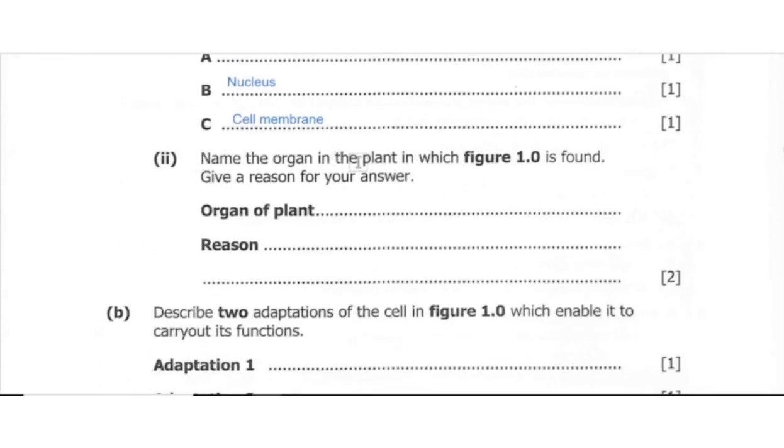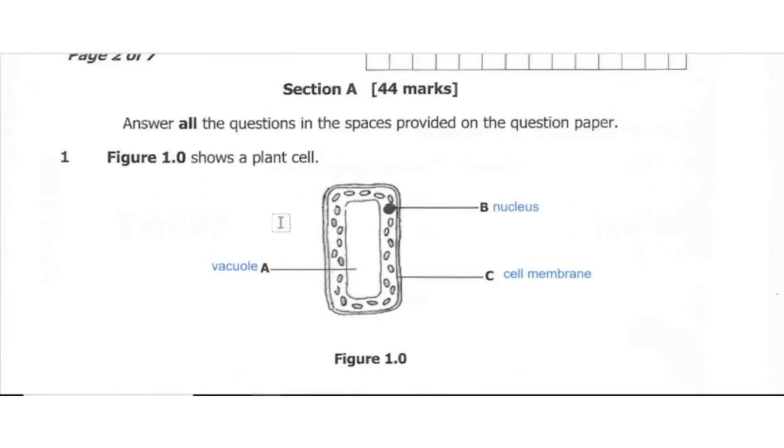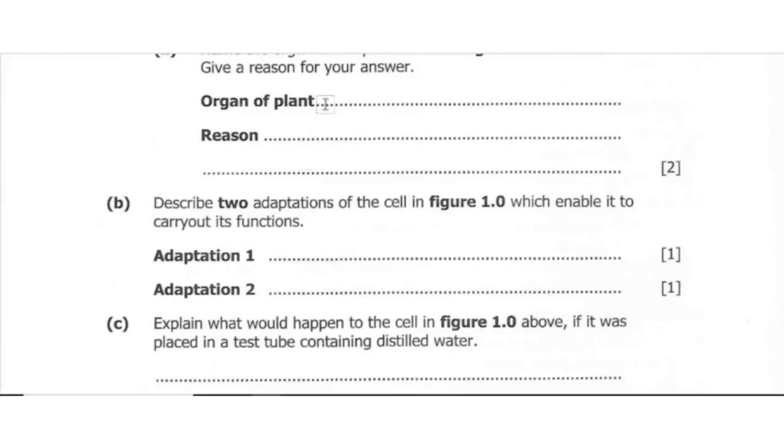Name the organ in the plant in which figure 1.0 is found. Give a reason for your answer. The organ where this kind of cell is found is the leaf.